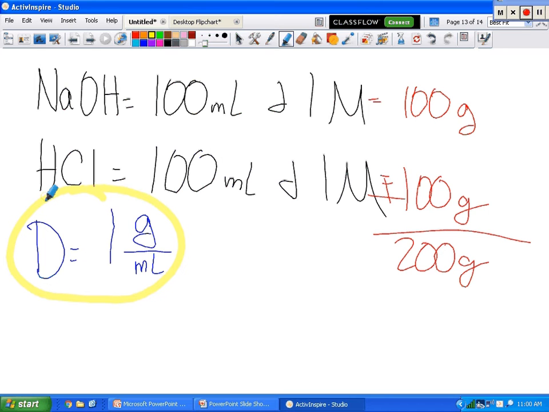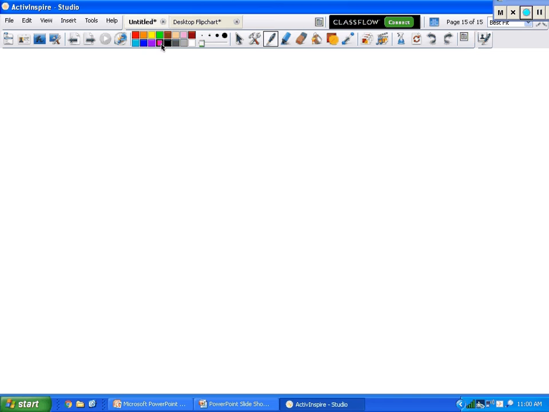The other thing is, what if it told you it was 1 liter of each solution? That's the problem, because whenever we did this yesterday, I told you that 1 gram was equal to 1 what volume unit? Milliliter. And so if they gave it to you in liters, it's going to be in the thousands range. You got to make sure you catch that as well.